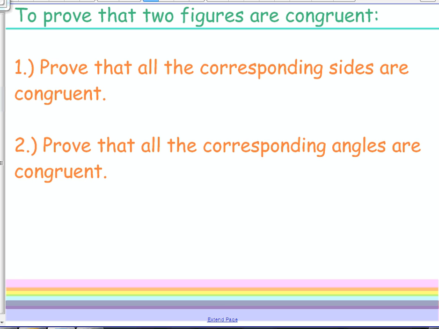So while we are looking ahead, we often need to prove that two figures are congruent. In order to do that, there are two steps we need to follow. We need to prove that all the corresponding sides are congruent, and then we need to prove that all the corresponding angles are congruent.